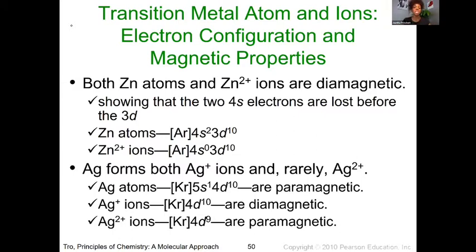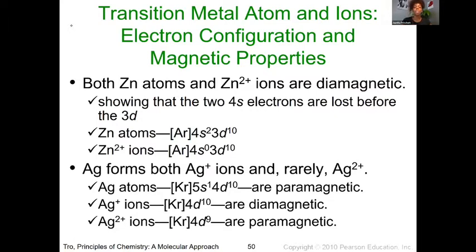Essentially, if there are no unpaired spins, the net result of the electron configuration or orbital diagram is that all the sublevels are completely filled. There's no unfilled sublevel. In those cases, those are going to be diamagnetic. You can see in both the zinc and the Zn2+ example, our S sublevel and D sublevel are completely filled in the first example.